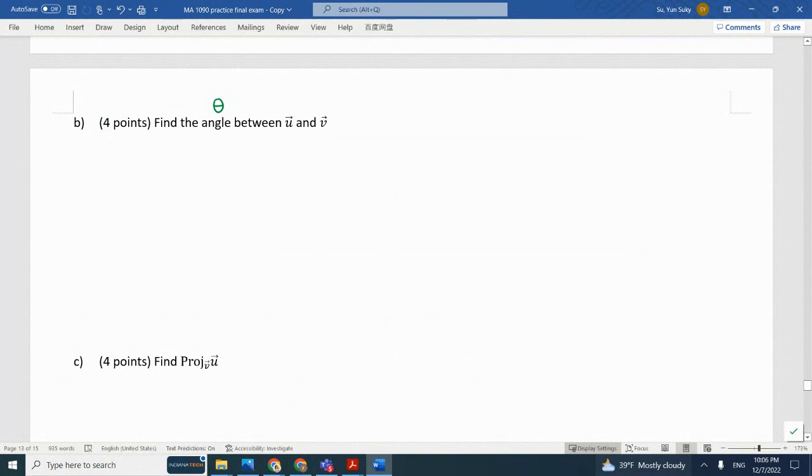So use the formula: cosine theta is u dot v over the magnitude of u times the magnitude of v. This is the dot product, and we'll talk about that on Friday. Right now I'm just solving the problems; after the Friday lecture you can come back and watch the recording.